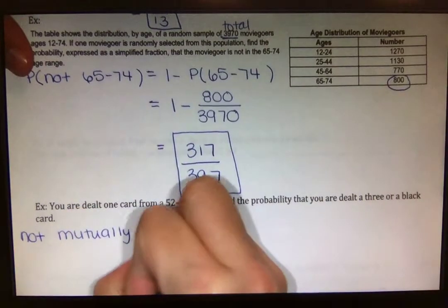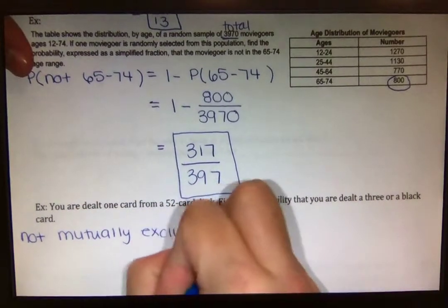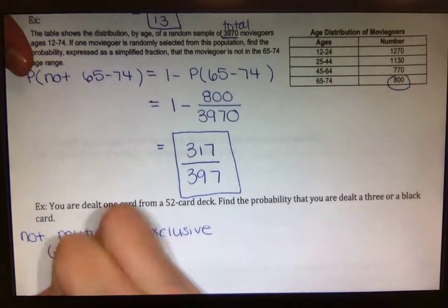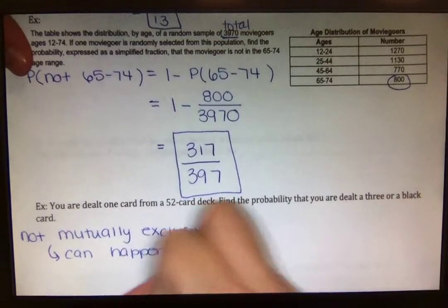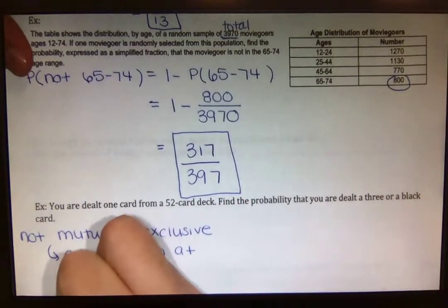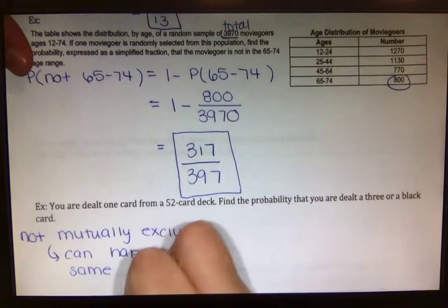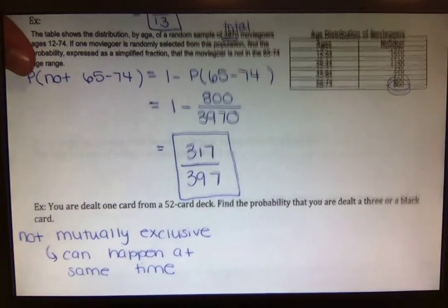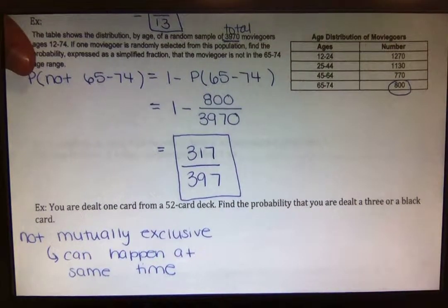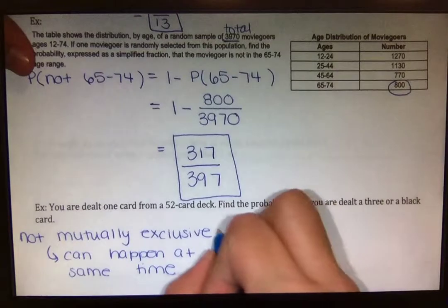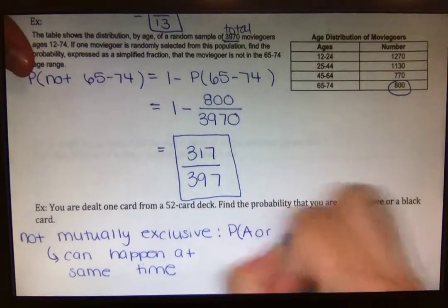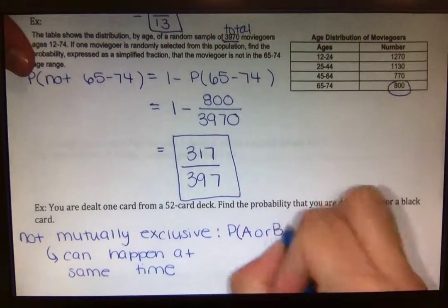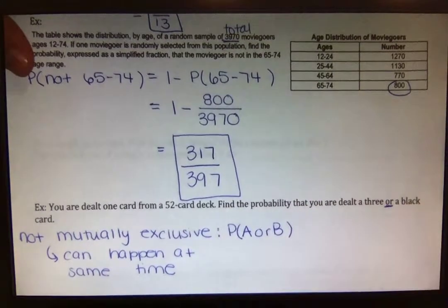Not mutually exclusive, which means they can happen at the same time. So going back to the beginning stuff that we did, if we have the probability of A or B, it tells us 3 or black.